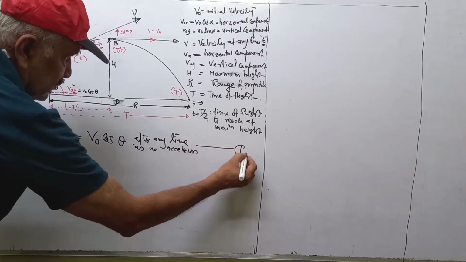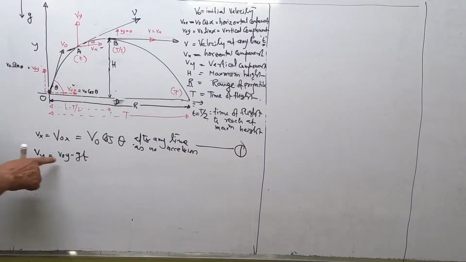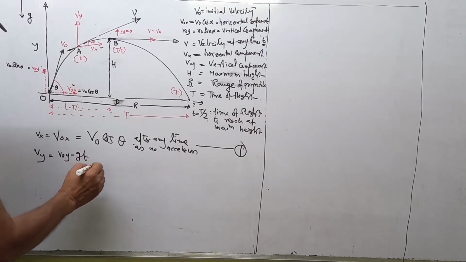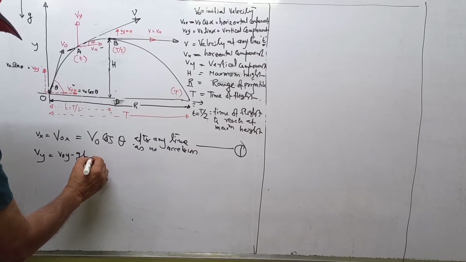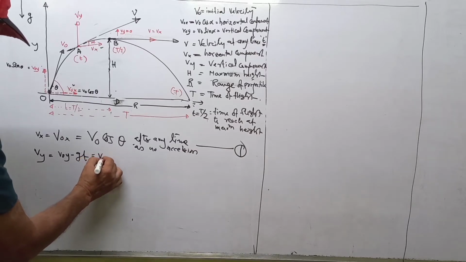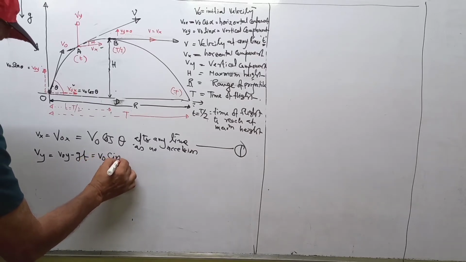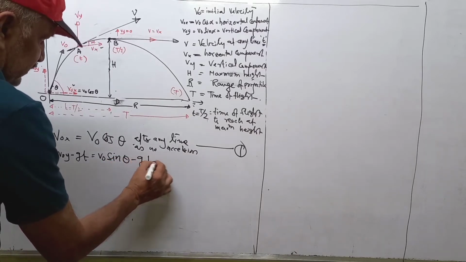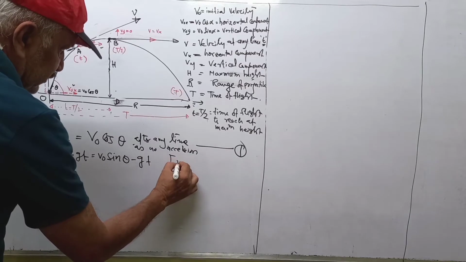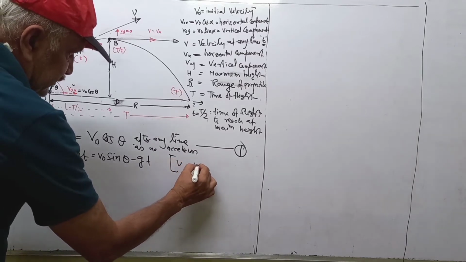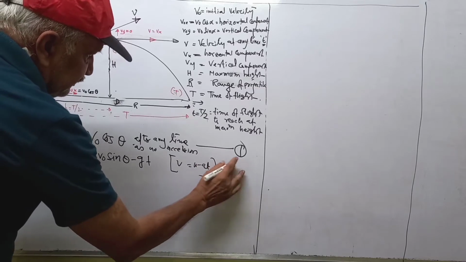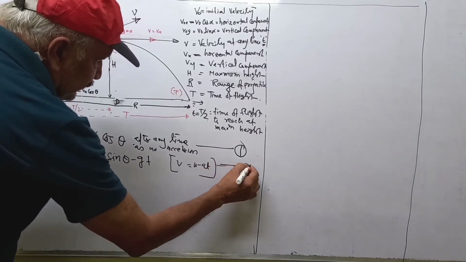Equation number 1: Vy equals v0y minus gt. This we can also write as v0 sin theta minus g into t. Standard formula v equals u minus at. Equation number 2.